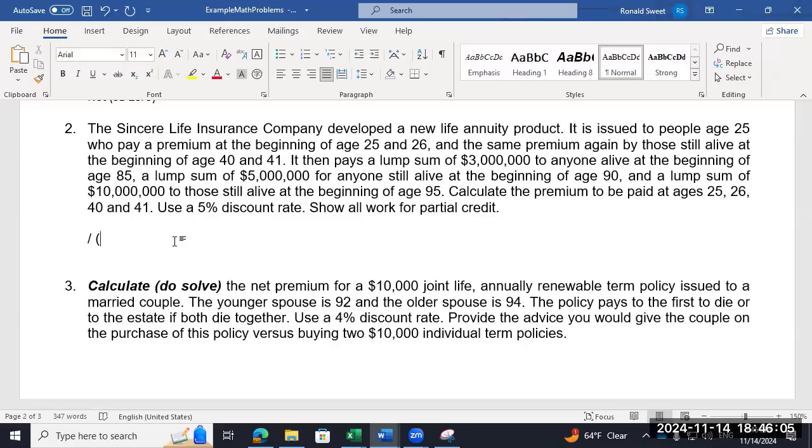Premium payers. Who's the first premium payer here? So L25, and then what's the next one? Divided by what? 1.05, and then what's the next one?